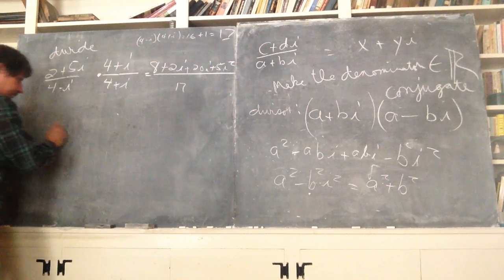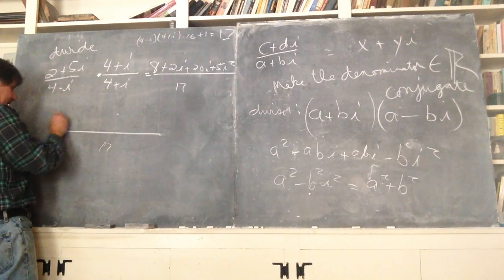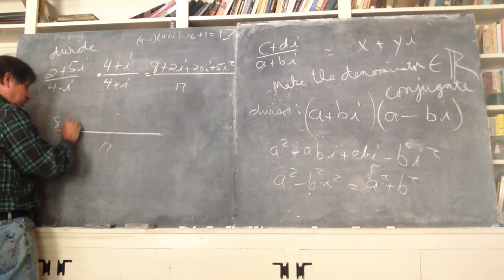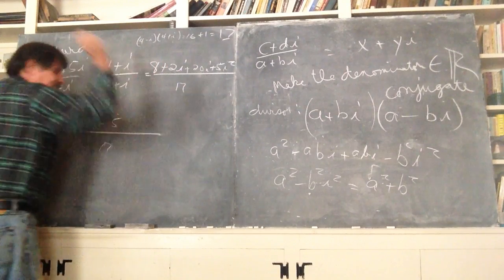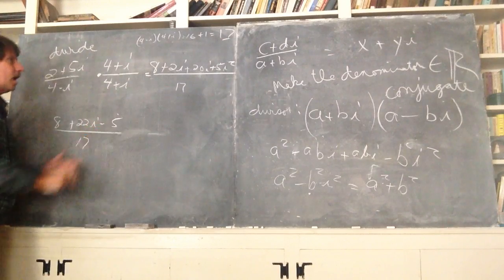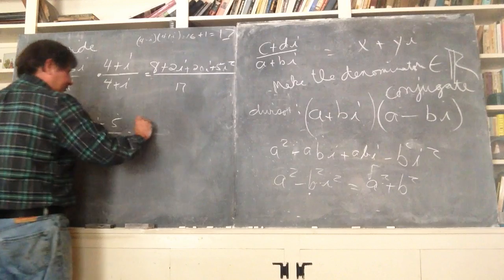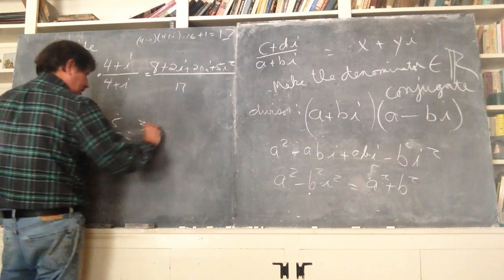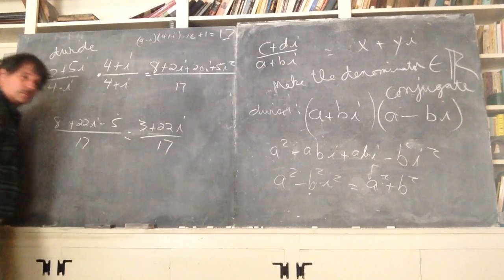So the top, over 17, is 8 plus 22i minus 5. 8 minus 5 is 3, so 3 plus 22i over 17.